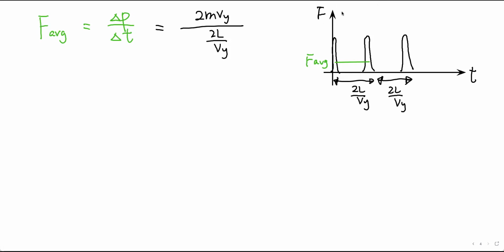We have applied the third assumption here: we ignore the time during the collision. So you can find that the force on the wall by one molecule, this is one molecule only, is mVy squared over L.